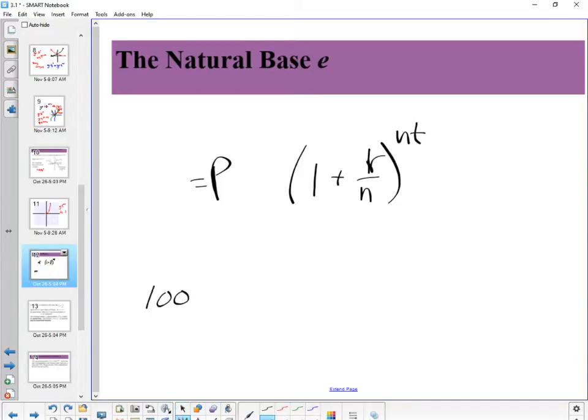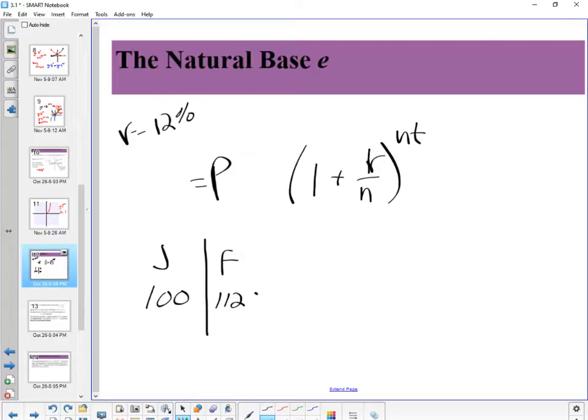Let's keep it simple. Let's say I spent $100, and they're charging me a rate of 12%. This is January. So when February comes in, instead of owing them $100, I owe them $112, because I didn't make a payment.